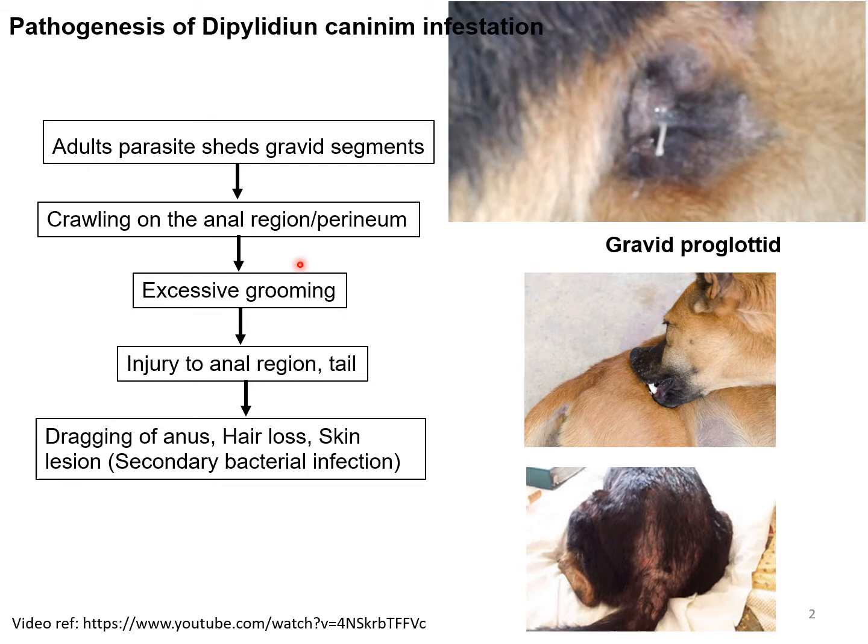To get rid of this unpleasant discomfort, dogs try to drag their anus on the floor or try to bite their anal region. As a result, there may be some injury to the anal region or tail region, and some clinical signs are produced, and we are going to talk about those clinical signs in a minute.